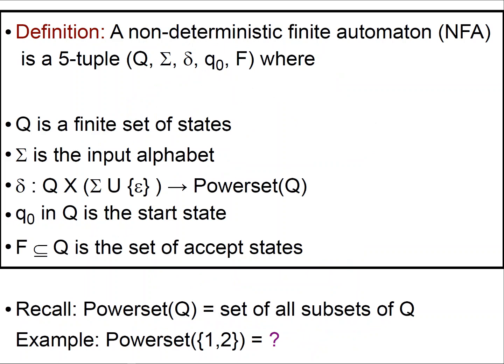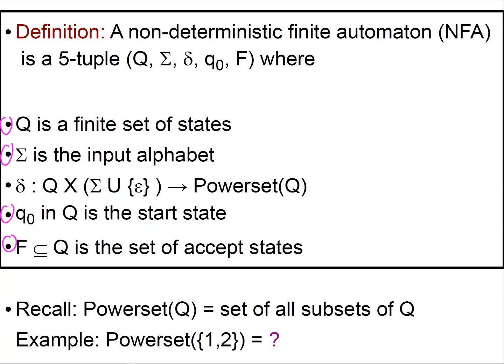Here is a formal definition of an NFA. Like for a DFA, the NFA is a 5-tuple. Again, Q is a set of finite states. Sigma is the input alphabet. Q0 is a start state, and F is a subset of Q, which is a set of accept states.